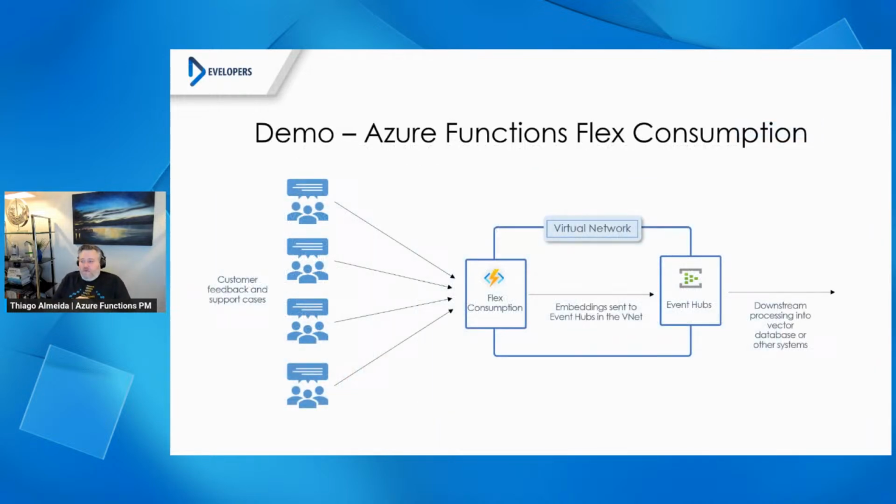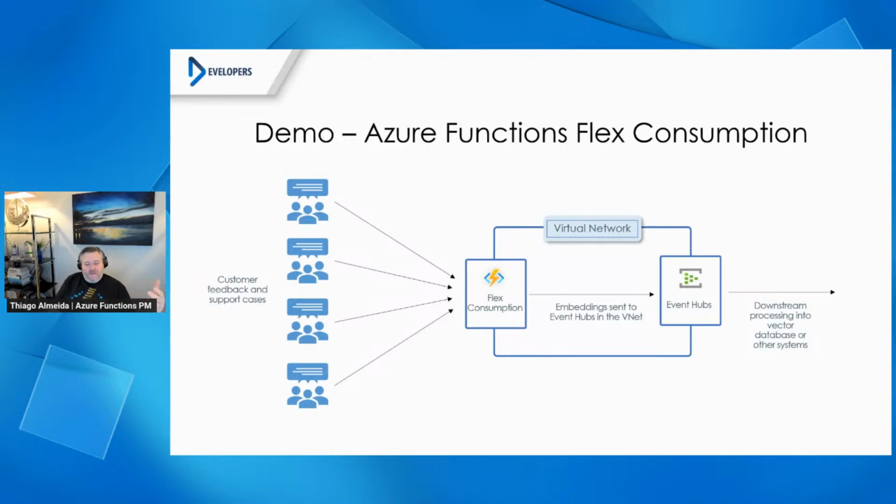I have a quick demo here to showcase those two things, scaling and virtual networking. So let's say you have customer feedback and support cases coming in as a lot of feedback through HTTP from your online platform. Say you just launched a big campaign, released a lot of new products, and you're getting a lot of feedback, or maybe the platform is not working as expected, and customers are just sending support cases in.